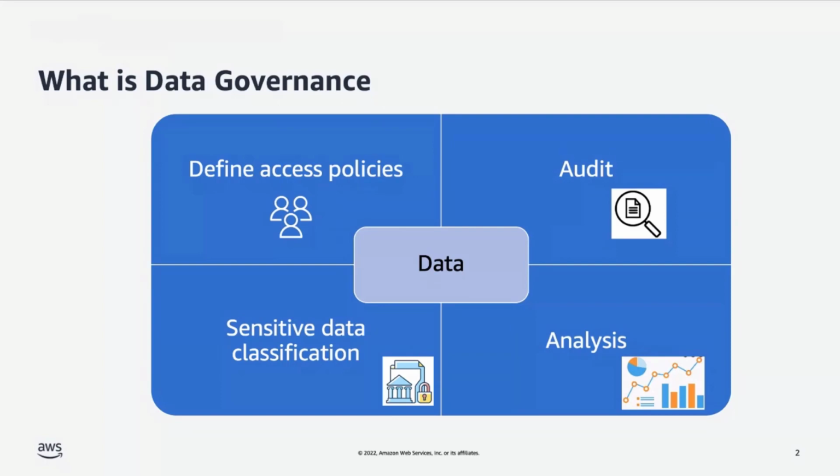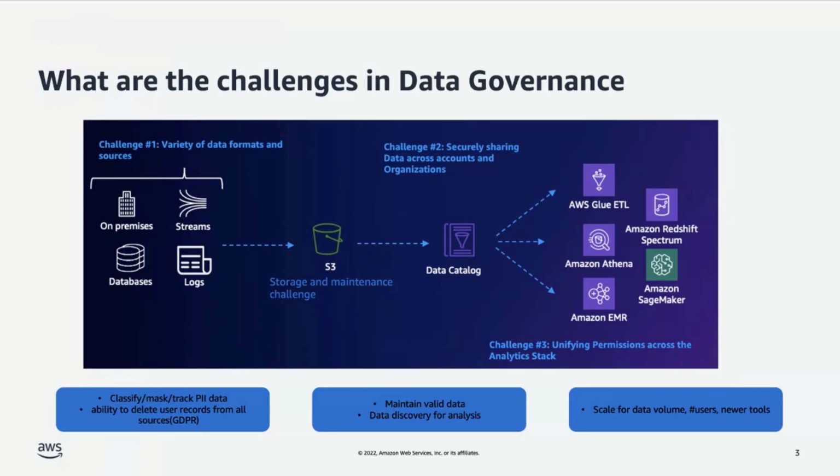Now, with having defined data governance, let's see what are the challenges in building a data governance model and how these challenges can be overcome. The very first challenge would be your variety of data formats and a variety of data sources. You could have data in on-premise servers.